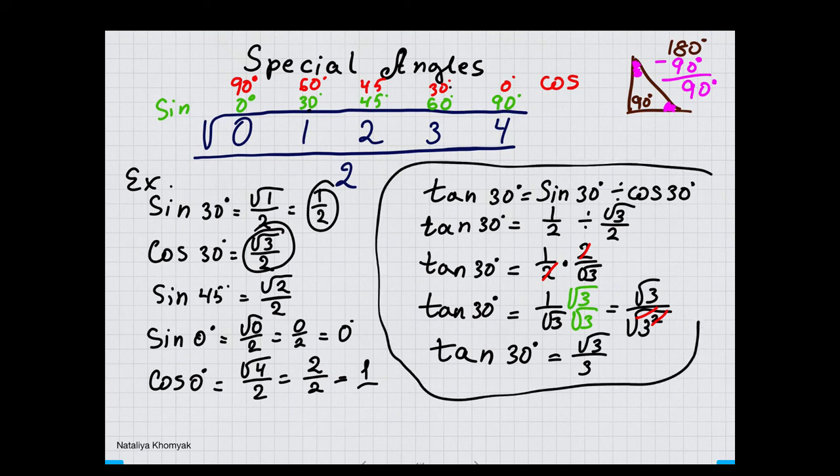Tangent is the only one that will require you to do some calculations with fractions. So I would recommend practicing deriving this fraction first and then seeing whether or not you can handle simplifying for tangent values. If not, it's only 5 things to memorize from a table. That's all for now.